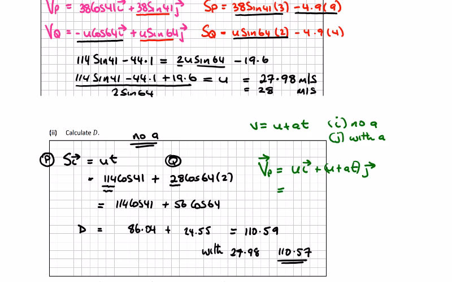So u in the I direction, we got 38 cos 41, I think 28.68. I'll write it out, 38 cos 41 in the I, plus 38 sine 41 minus 9.8 acceleration for the 3 seconds it was in the air.